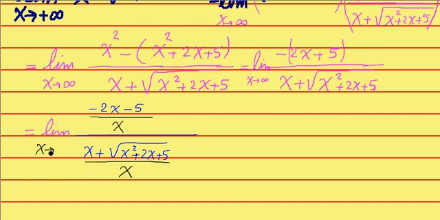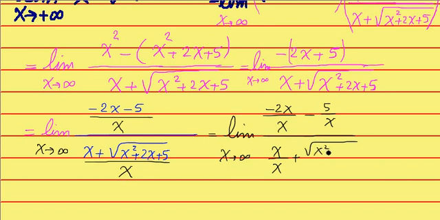X is going to infinity. Next, I have to break it up just like the previous problem. So I write the limit as x goes to infinity of minus 2x over x minus 5 over x, over x over x plus that radical x squared plus 2x plus 5 over x.